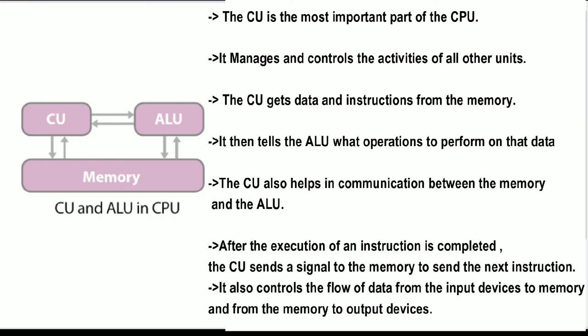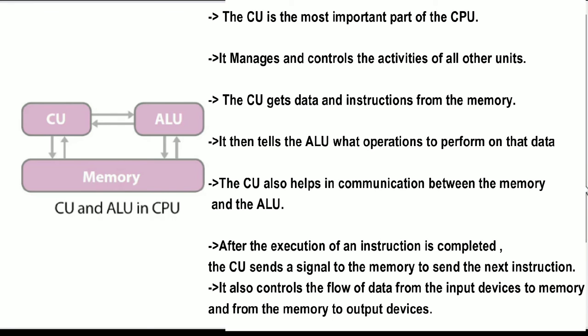Once you get the result in the memory, the control unit manages and controls all the activities of the other units. The control unit helps in communication between the memory and the ALU, because we want to store the information in the memory and perform the operations in the ALU.